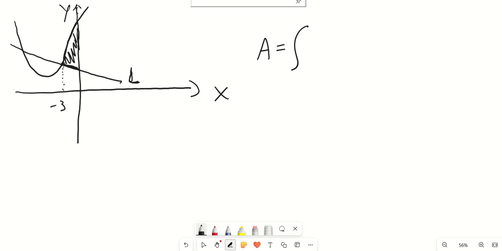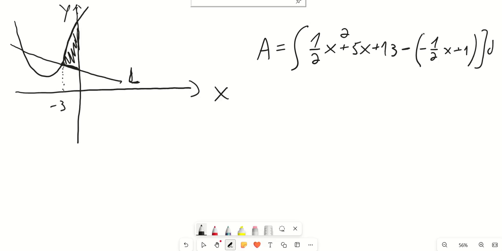So the function from above is 1/2 x squared plus 5x plus 13, and the function from beneath is the equation of L, which I just calculated in part C and was -1/2 x plus 1, and I need to do dx of all of this term, and of course I have to put the boundaries.